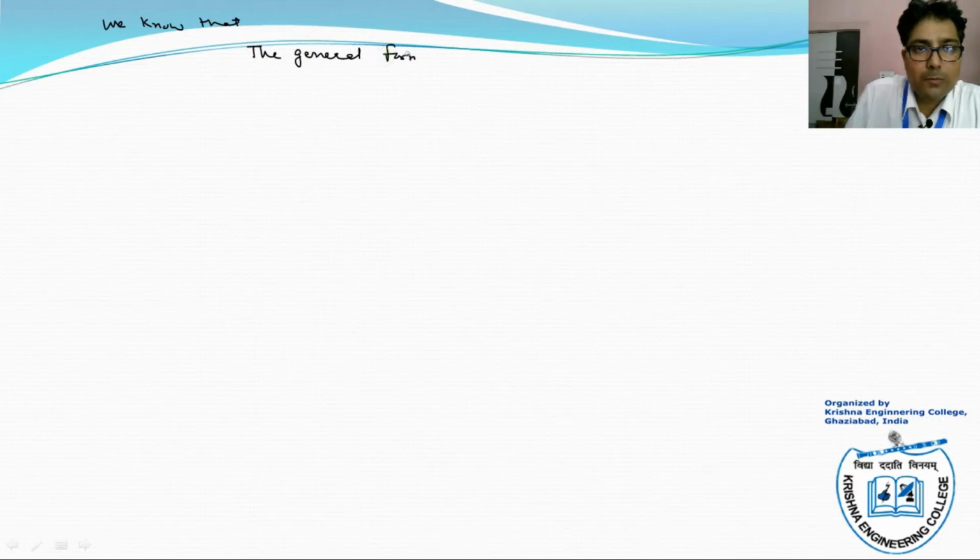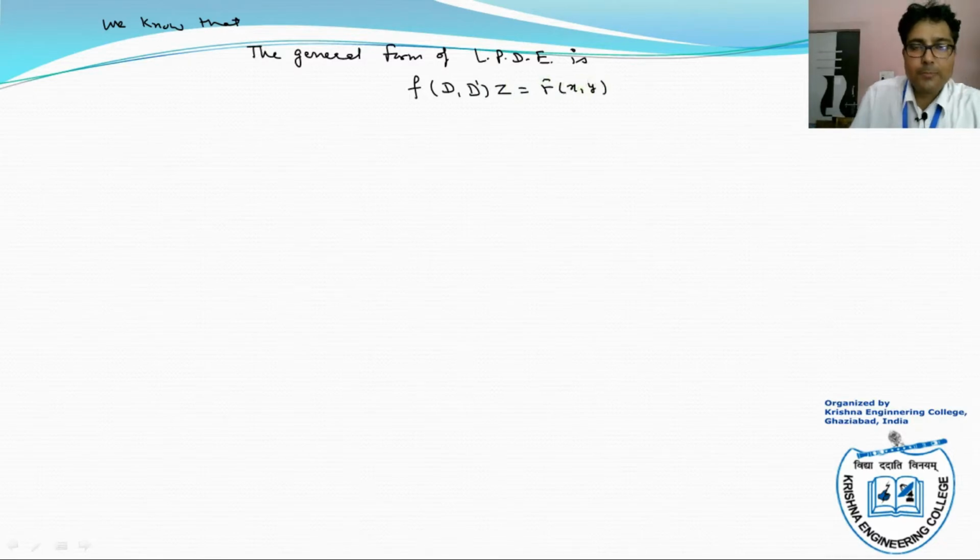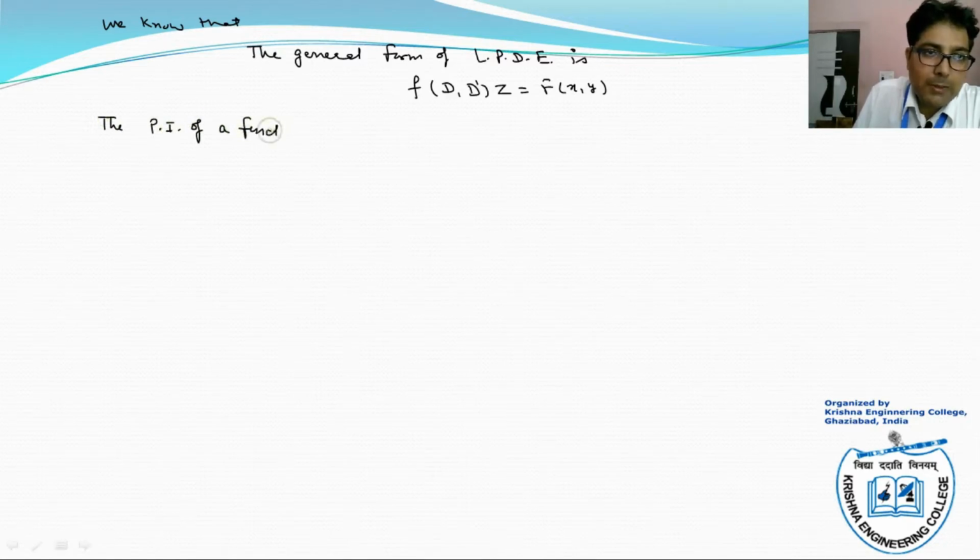Now, we know that the general form of a linear partial differential equation is f of D, D dash z is equal to f of x, y. We have already learned in the previous lecture the PI of a function f of ax plus by.